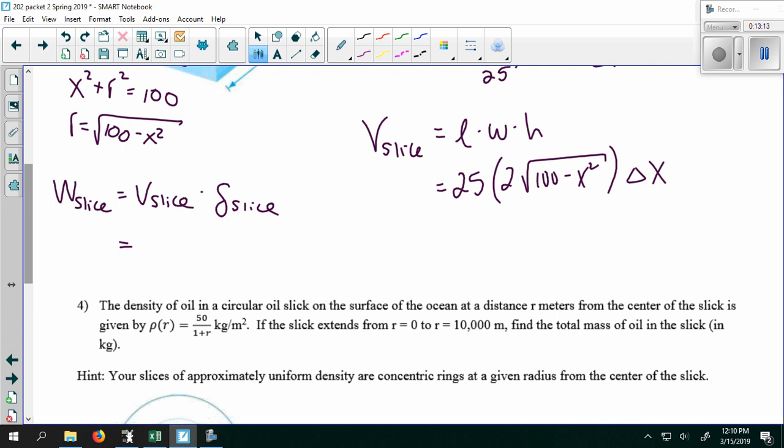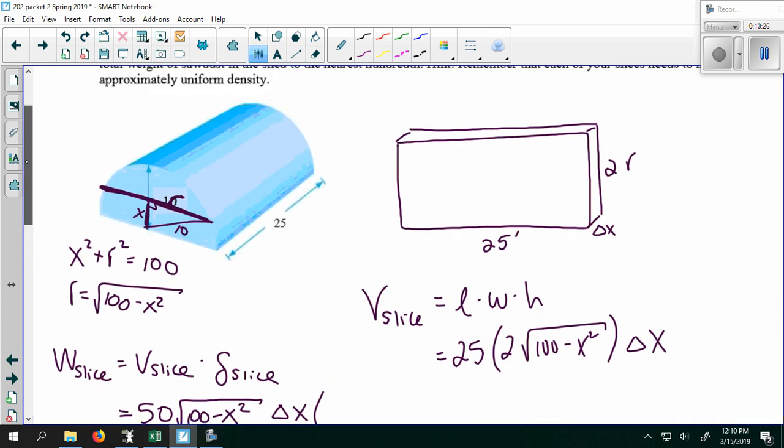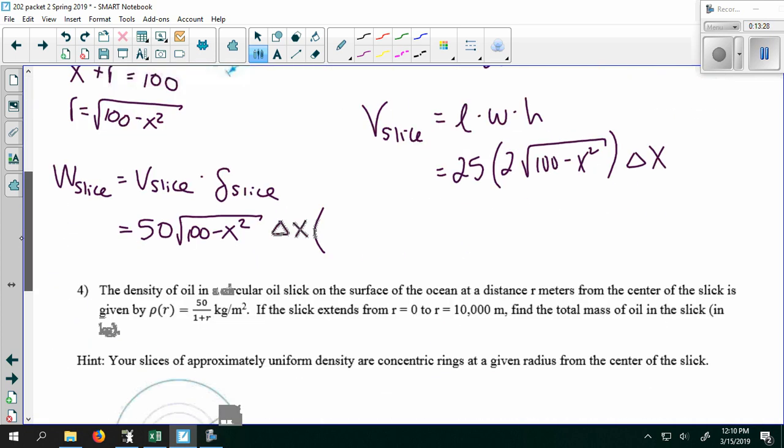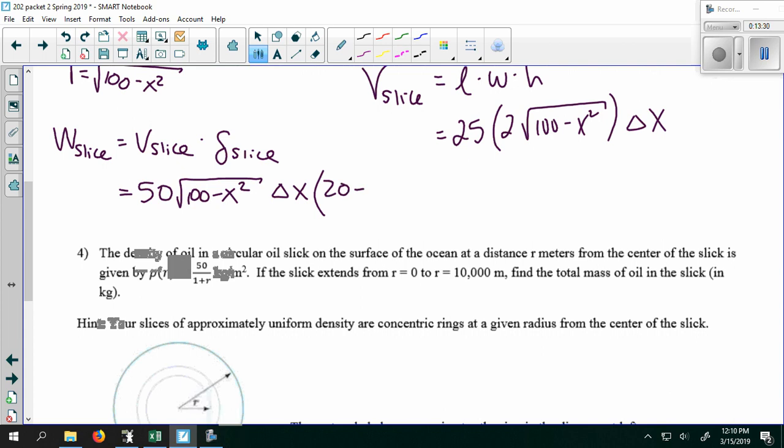So my volume is 50 times the square root of 100 minus X squared delta X, and then the density was 20 minus 2X. Yeah, 20 minus 2X.